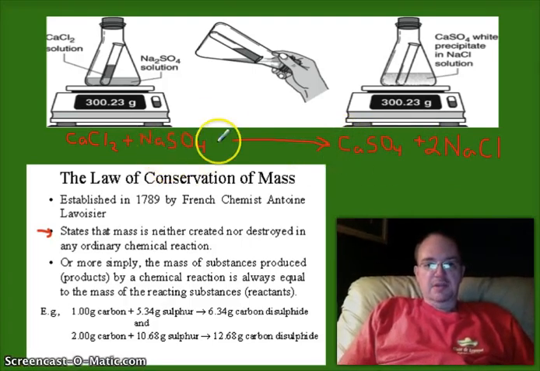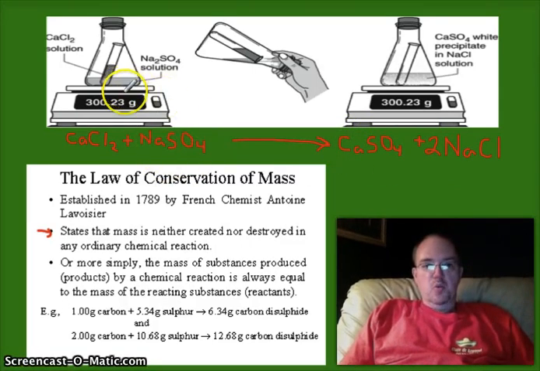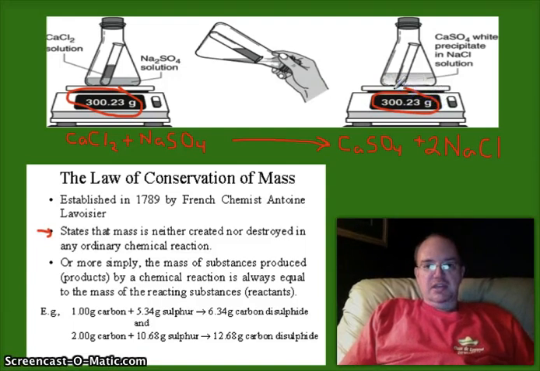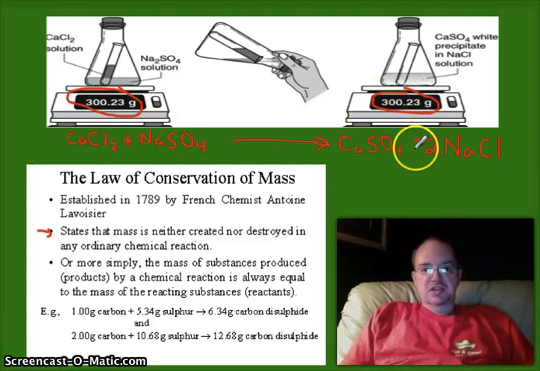But notice here the weight is going to be the same on both sides, even though you are changing the substances in here. Even though you're changing those substances, you're going to have the same weight.